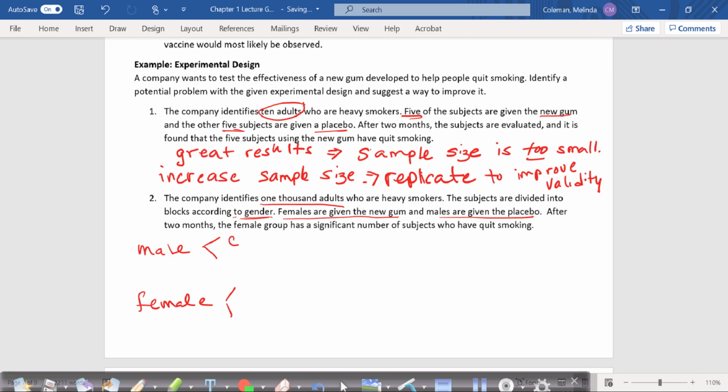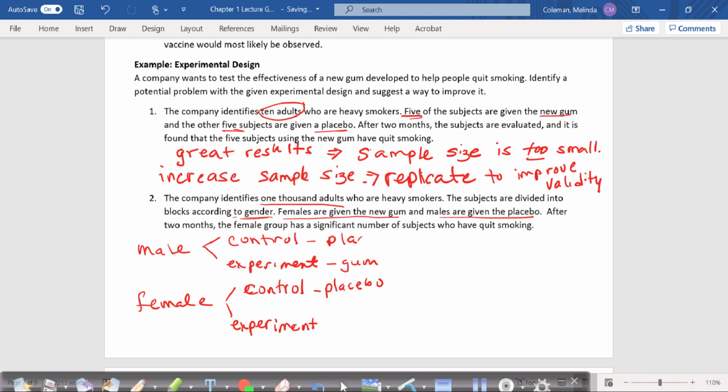So again, male and female is good, but within that male and female, the better design plan would be to have a control group and an experimental group. So again, the control group would be given the placebo, and the experimental group would be given the gum. Now you're going to have better results because we'll be able to determine whether or not the gum affects males and females the same way.